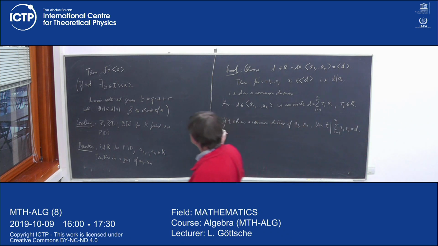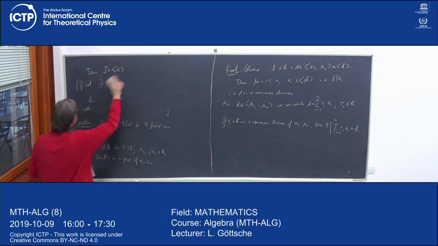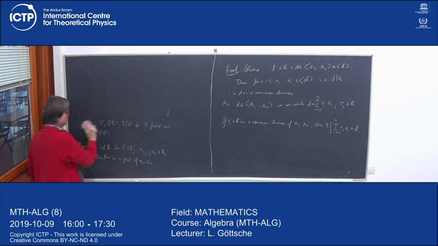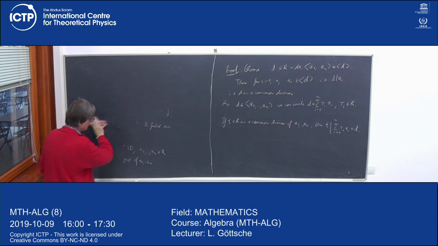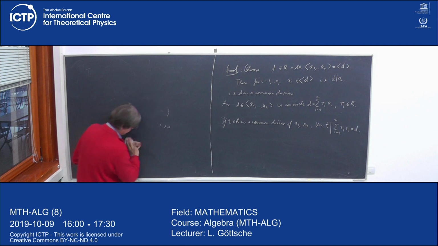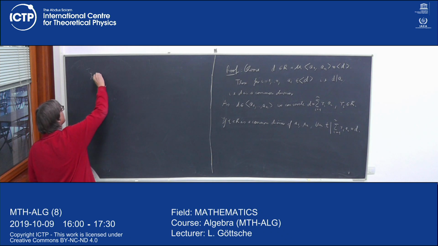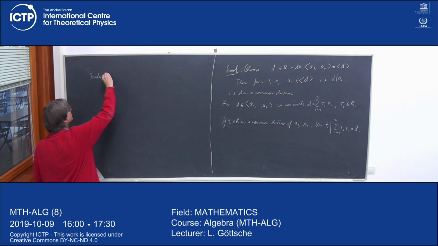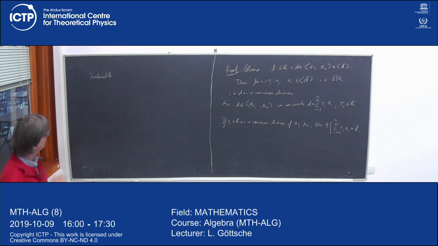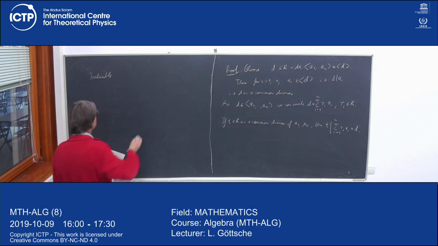We just do a few tricks or a few criteria. I haven't yet told you what irreducible means, but it means that you cannot write it in a non-trivial way as a product of two elements.